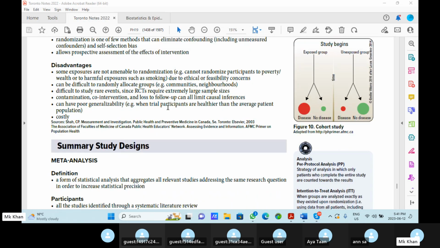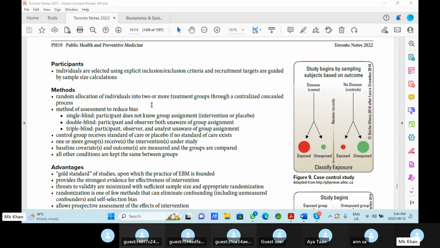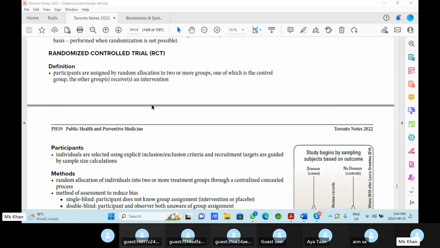And it can be difficult to randomly allocate groups, communities, neighborhoods, and difficult to study rare events. So it is not good for rare events, and requires extremely large sample size, contamination, and loss to follow up. So these are all the disadvantages of the randomized control trial.